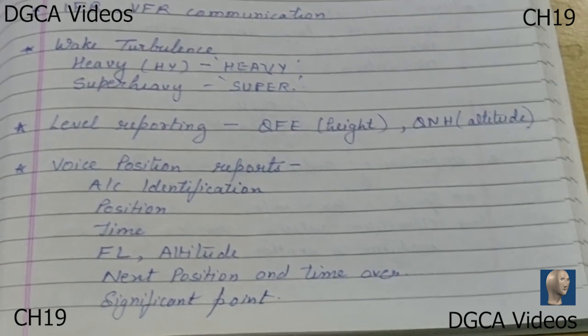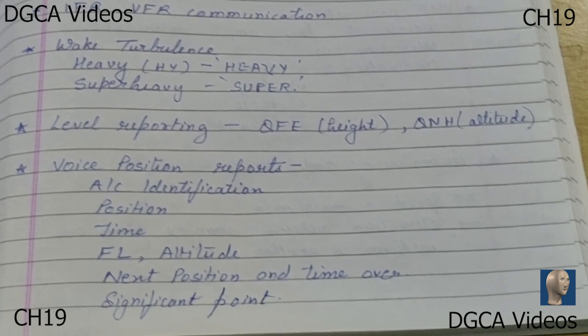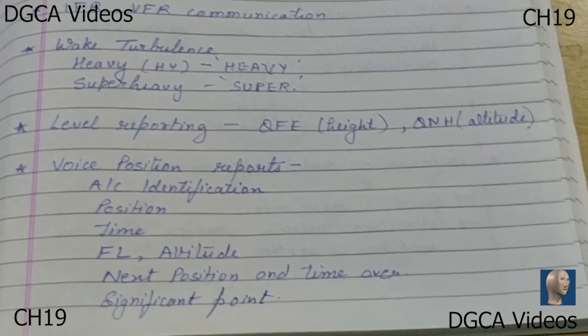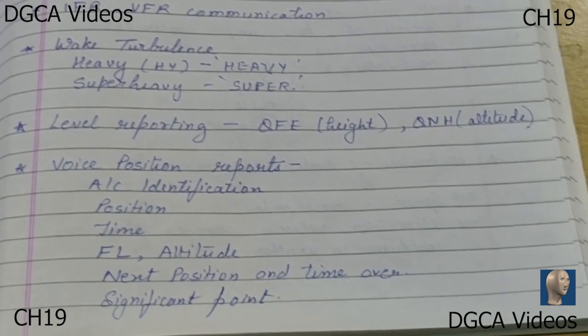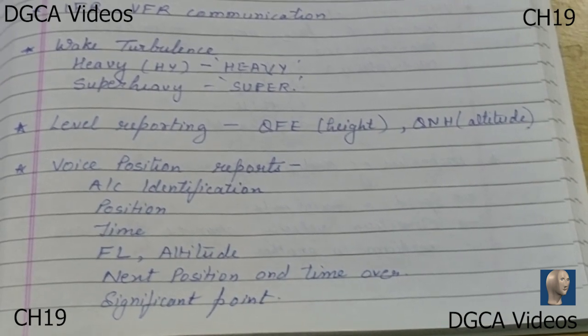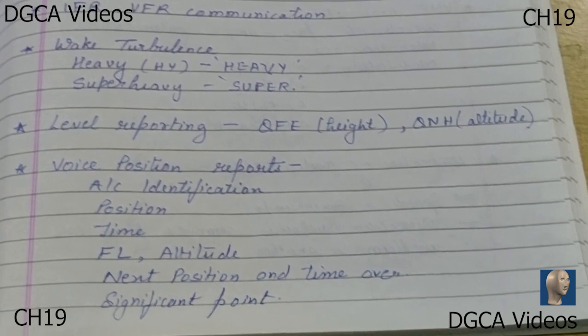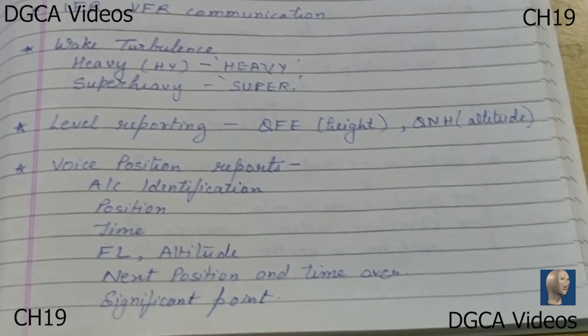Wake turbulence is a big thing, because if any small aircraft is caught up in your wake turbulence, if you are in a heavy aircraft, then it will go out of control. That is why it's important to tell the wake turbulence category there. Then coming to level reporting, it is done in terms of either QFE or QNH.